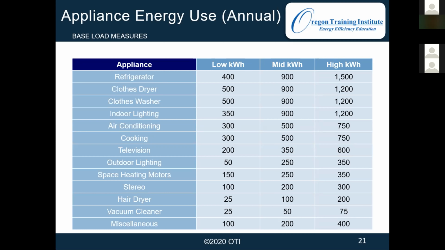Well, it gives you an idea, like a fridge can use a lot, a clothes dryer, if it's electric, definitely uses a lot. A clothes washer can, or even plasma TVs use a ton of energy compared to other types of TVs. But it gives you an idea where they all fall on the spectrum.